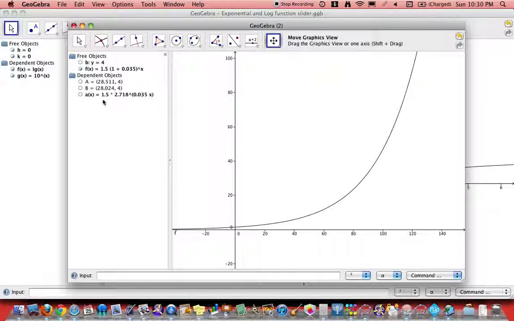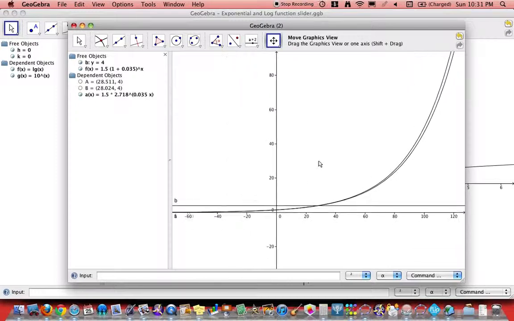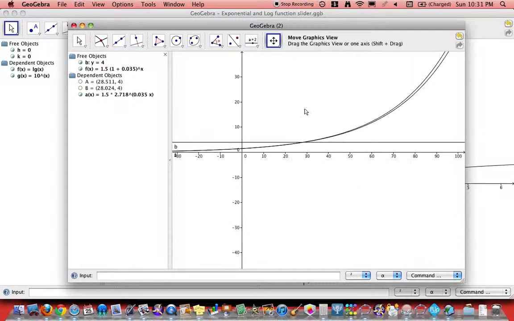Now, what happens if instead of that I graph the e to the rt function? Okay, look how closely those things go. Okay, now if you go back to that line, when did it equal 4 million? It looks from here like, wow, practically exactly the same time.